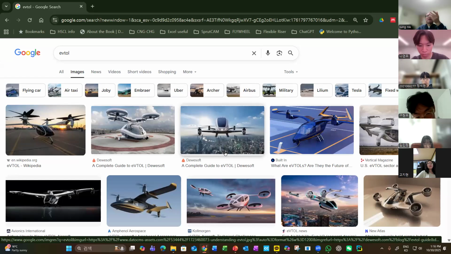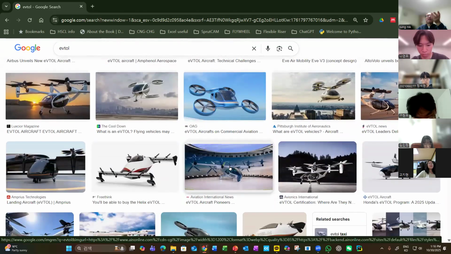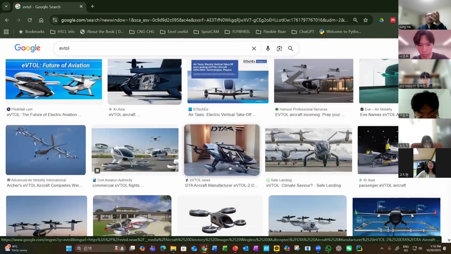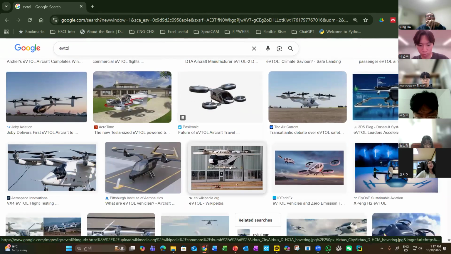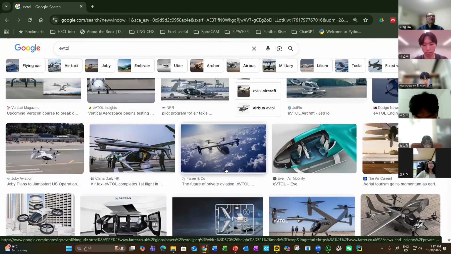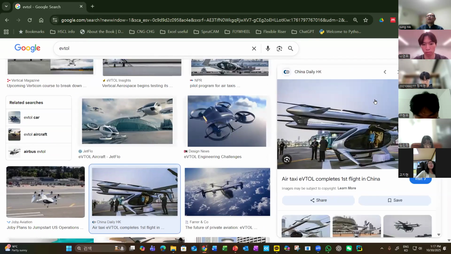This has already been developed by Hyundai, many big companies, and also small startup companies. They developed it in Korea, in China, and all over the world. Technology-wise, it is very demanding, but they are actually well developed, sometimes unmanned, but mostly manned.